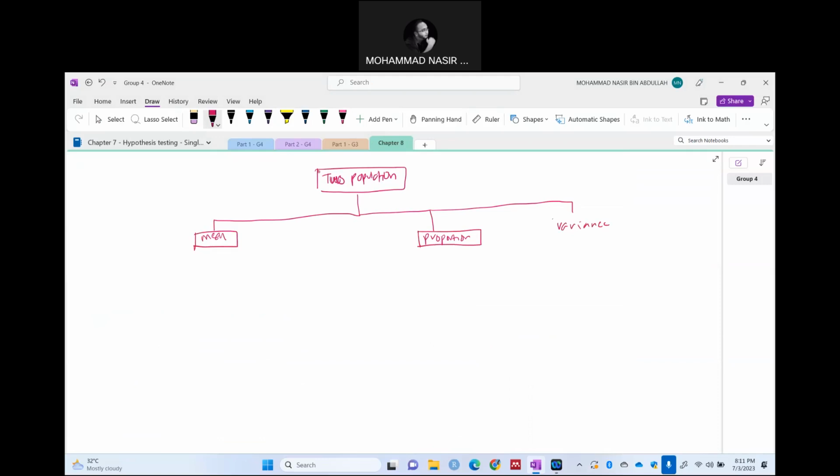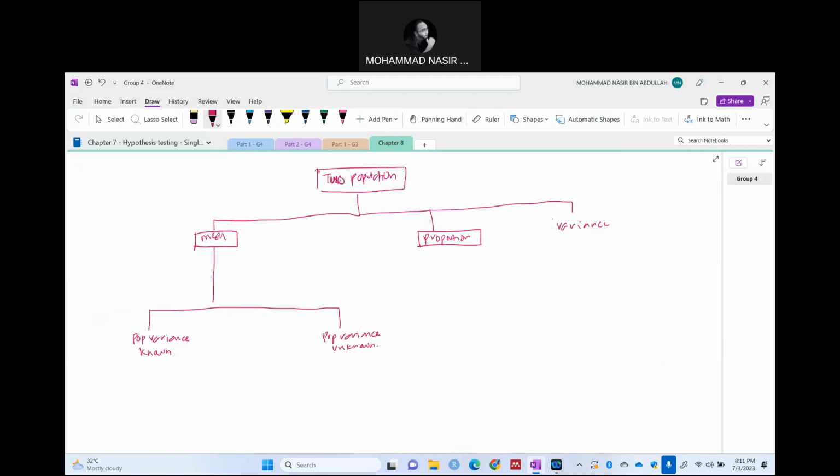So as I said just now, when we want to test about mean, there are two conditions here: population variance known, and another one, population variance unknown.